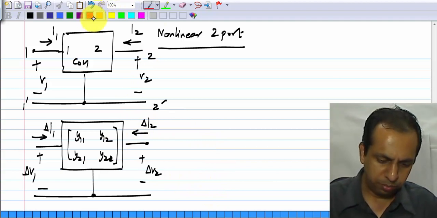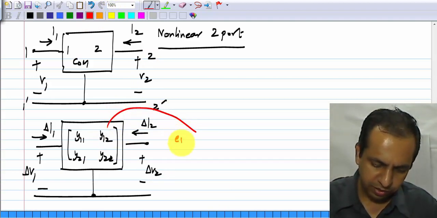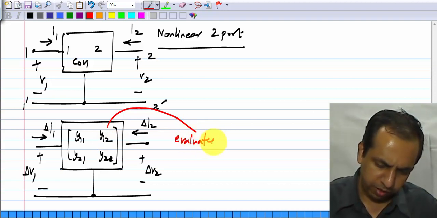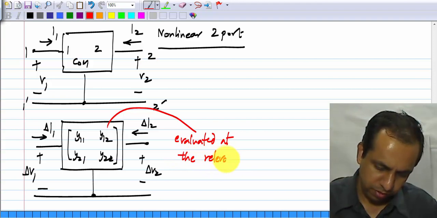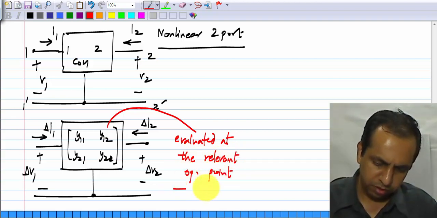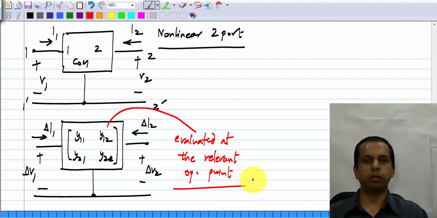And the most important thing is, first of all, this is valid only for small increments, and this is evaluated at the relevant operating point. So, just like you calculate the small signal resistance of a diode at the desired operating point, you have to calculate all these parameters, these partial derivatives at the relevant operating point.